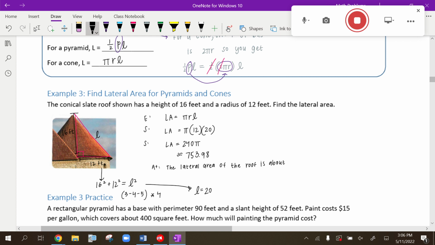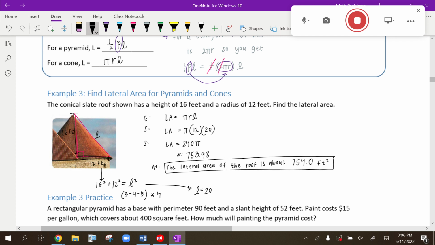Now to round to the nearest tenth, this will round up, and I will get 754.0. Because when I round the 9 up, it goes to a 0, which means that my 3 has to round up to a 4. And I want to include units with this, which would be feet squared.